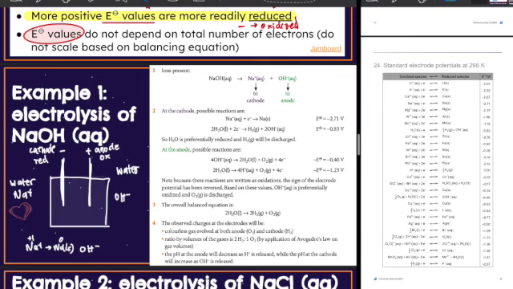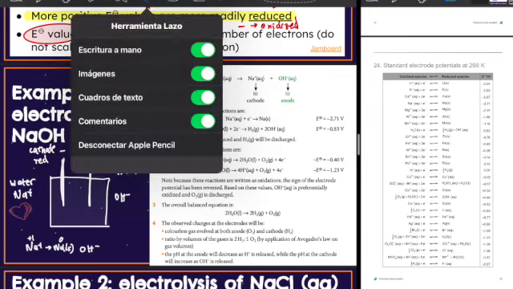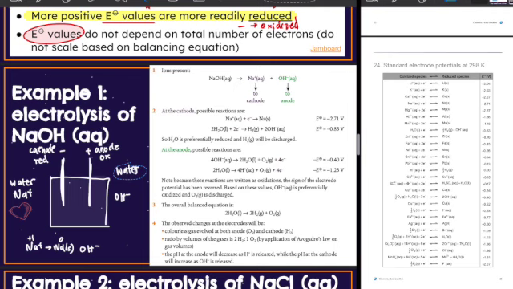So I could either get the reduction of water or the reduction of Na plus. And at the anode, I could get the oxidation of water or the oxidation of OH minus. I could get one or the other.